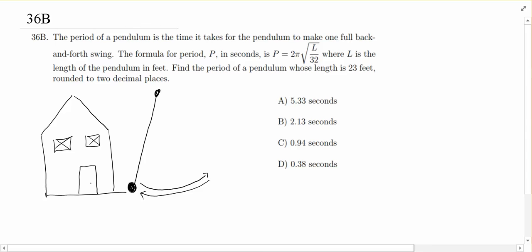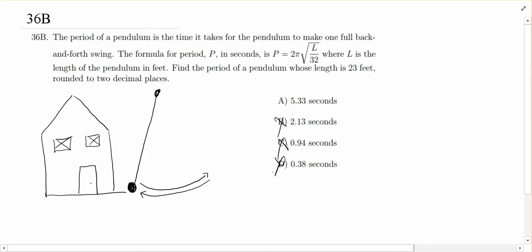If you picture this and say 1 Mississippi, 2 Mississippi, and you look for a house that has 2 stories and picture that pendulum going back and forth in 2 seconds, that thing is moving enough that it's going to slice neighborhood kids in half. Not a pleasant picture.